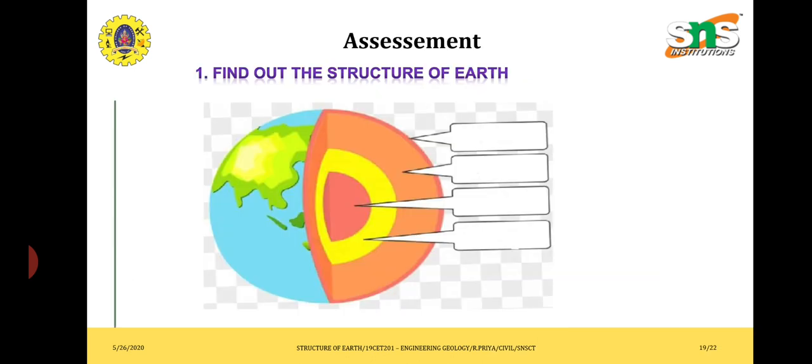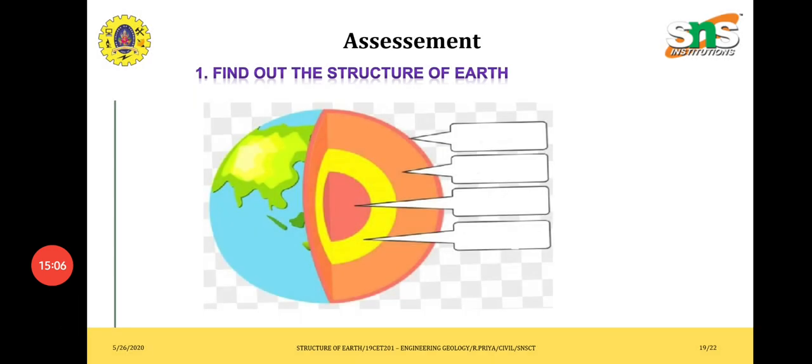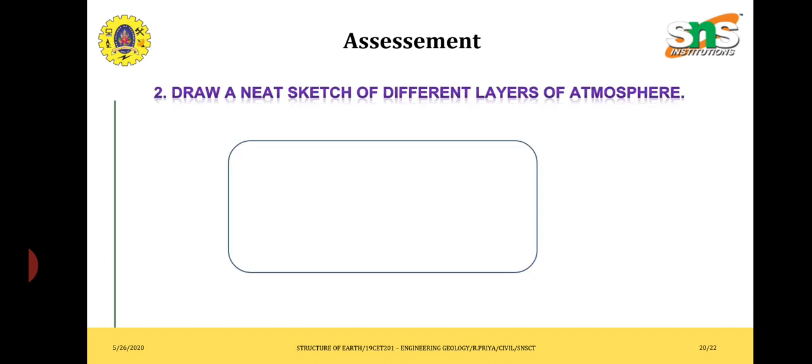Let us have a short assessment. Find out the structure of the earth. What are the different parts? Kindly label it. The next assessment is to draw a neat sketch of the different layers of the atmosphere.